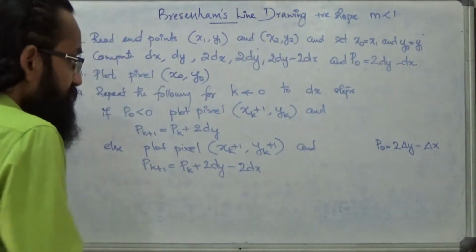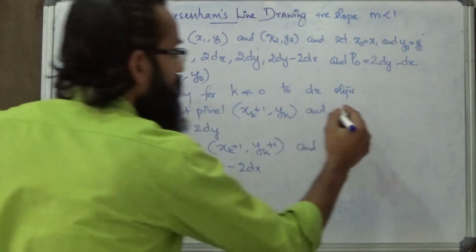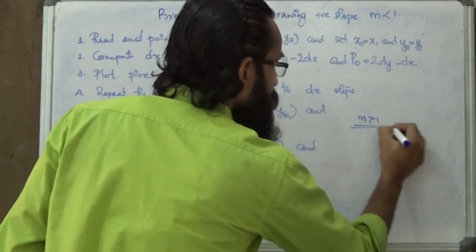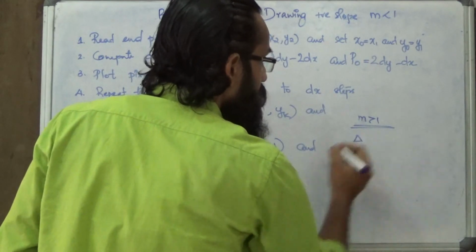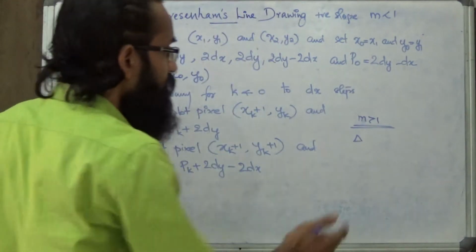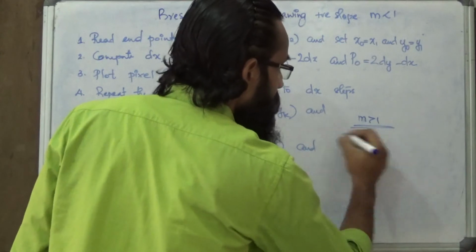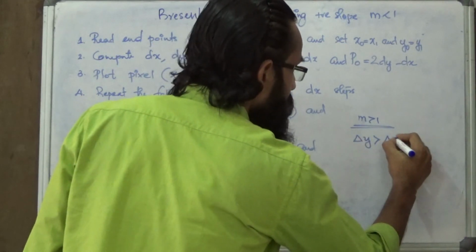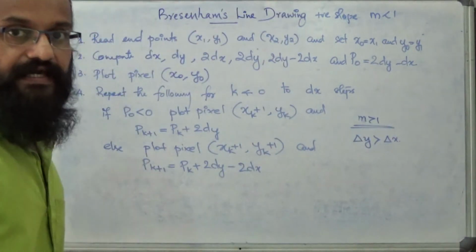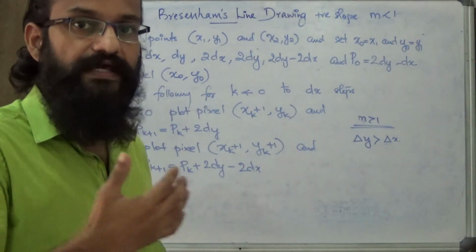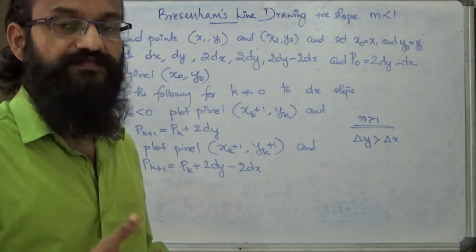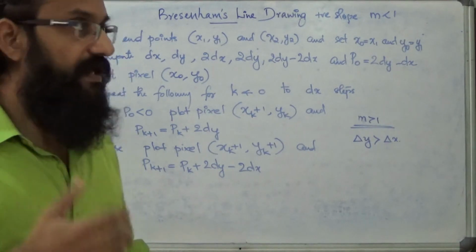What happens if m is greater than 1? We are talking about a line with positive slope. If m is greater than 1, it is clear that delta y will be greater than delta x. In that case, you have to sample y at unit intervals and determine the corresponding x values.